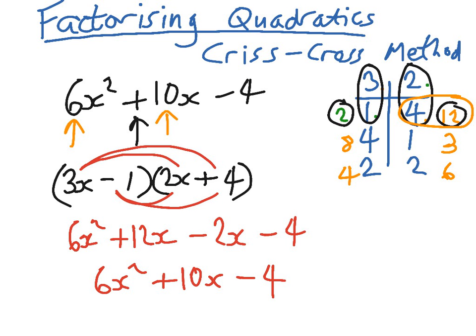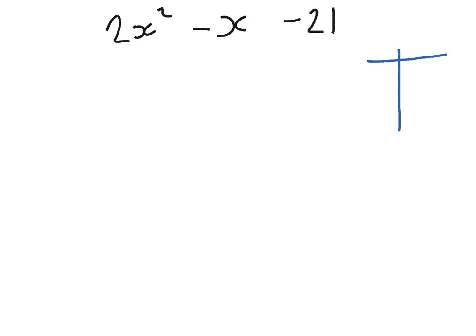Now, I'm going to look at another one now. And for this particular one, we have 2x squared minus x minus 21. And we'll do the same thing again. So we've got our T table, and the only two numbers that can multiply to make the 2 are going to be 2 and 1.